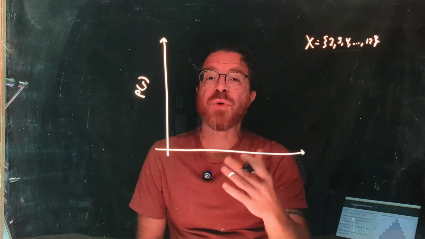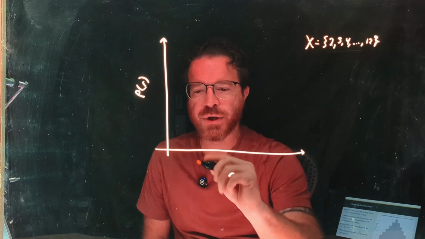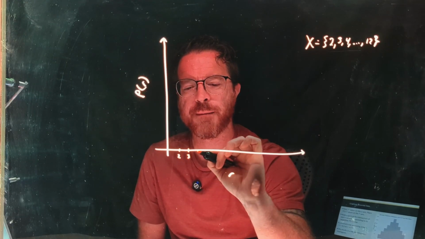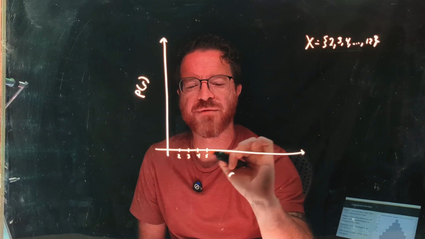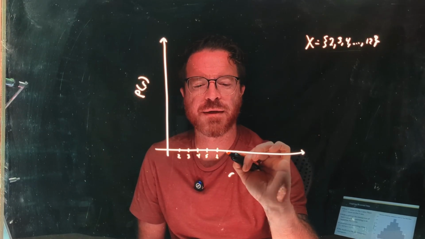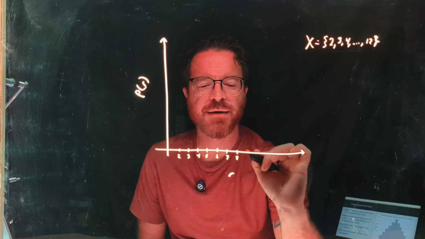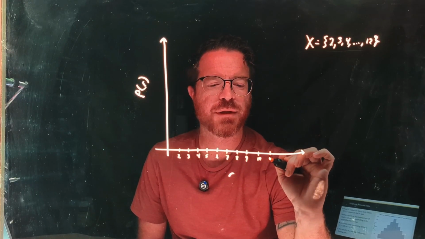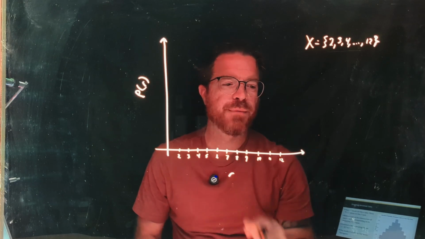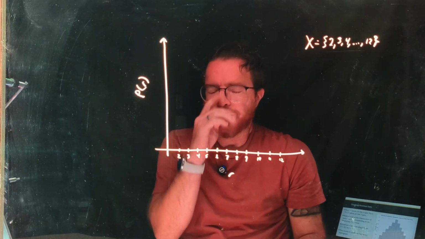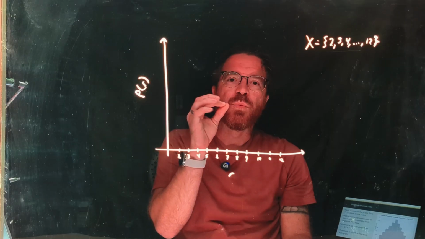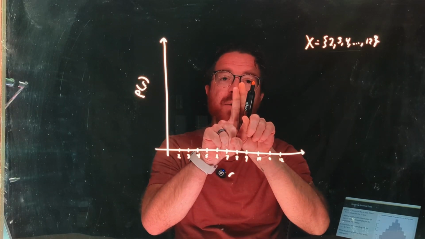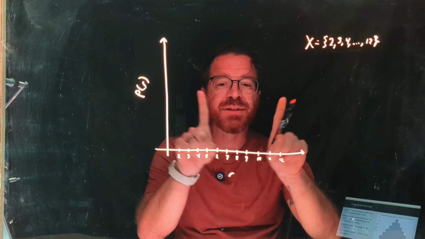So let's say that I wanted to graph this. What I would do is at R, I would put a mark for each of these. So I'm going to put 2, 3, 4, 5, 6, 7, 8, 9, 10, 11, 12. Something like this. And then what we are going to do is on each of these R values, you're going to go out, just like we do with a histogram, half of the distance between them.